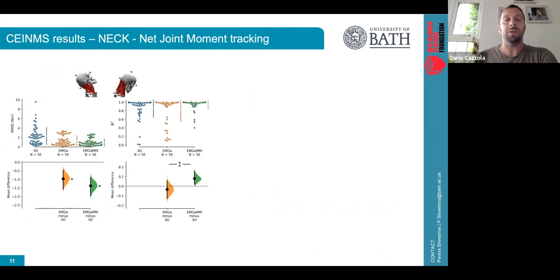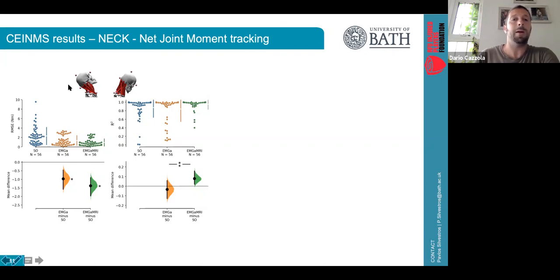In the next slide, I'm going to show you the main metrics that we used to evaluate the 3 methods. And the first metric I'm showing you is the tracking of the net joint moments.